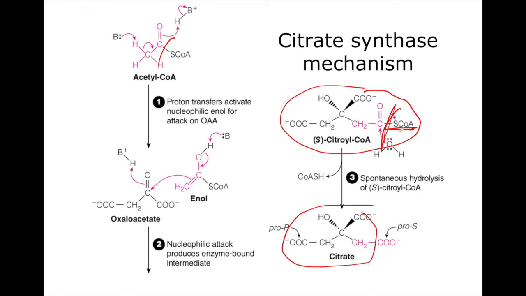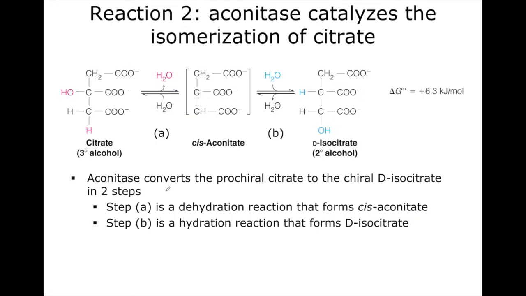So the hydrolysis of the thioester bond occurs at the very end of our mechanism, so that free energy is coupled to the formation of that carbon-carbon bond in order to form our 6-carbon citrate molecule from the 2-carbon acetyl and 4-carbon oxaloacetate.